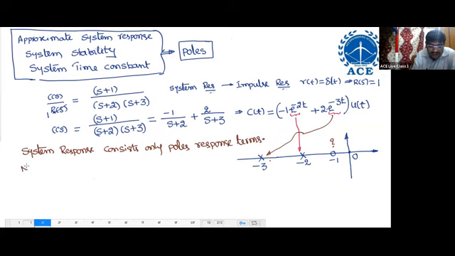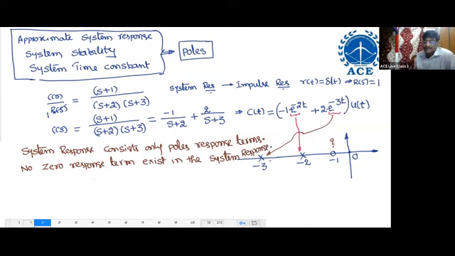No zero response term exists in the system response. That's why we consider only poles while finding the approximate system response.